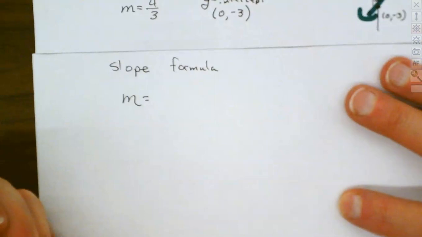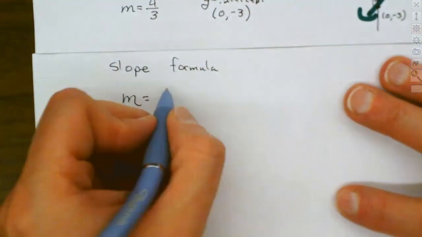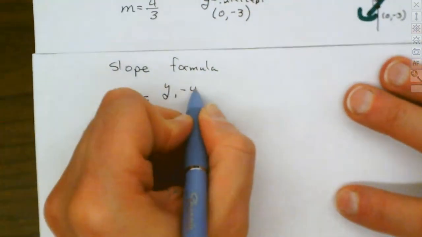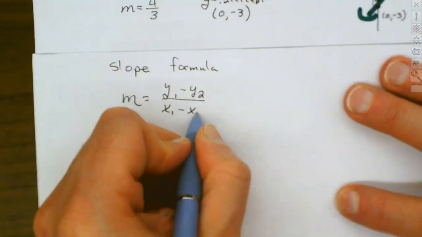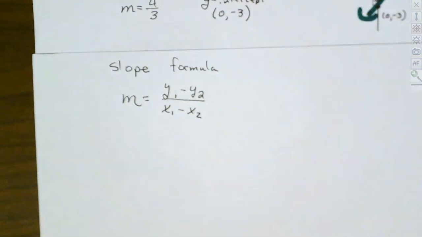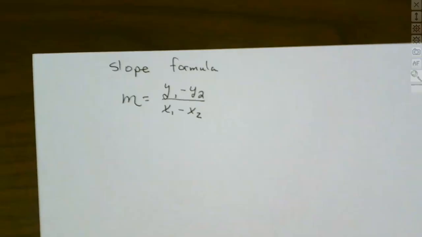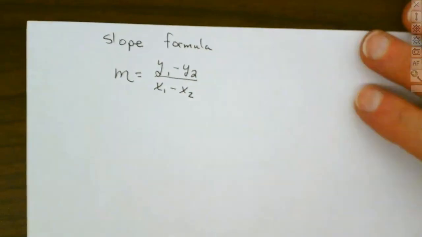So the slope formula m equals y1 minus y2 over x1 minus x2. Now y is on the top because y is the up and down part, and that's your rise. Run is the x part, so that's your left and your right. So it's down below. So here's our slope formula.